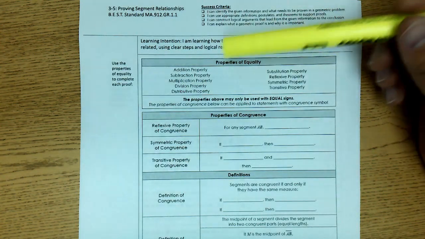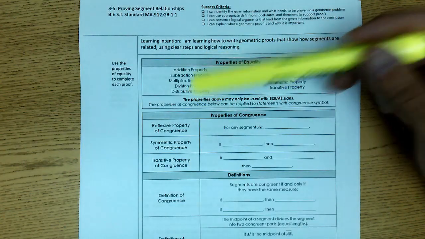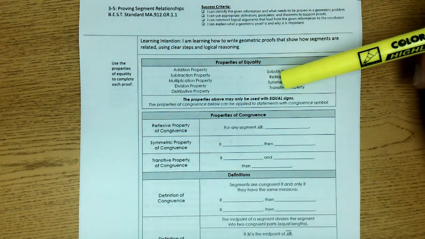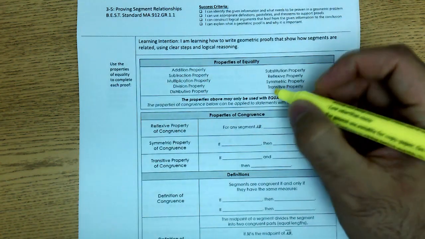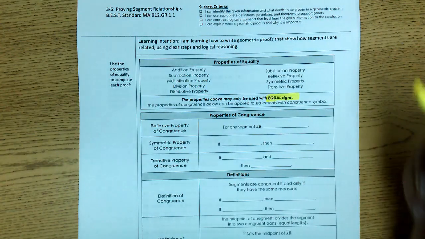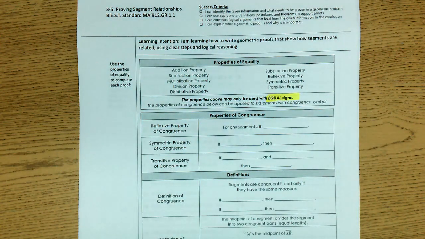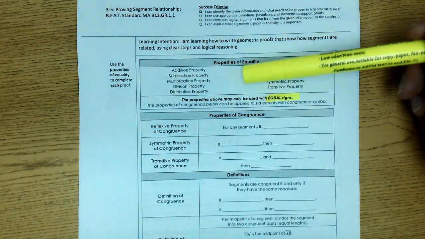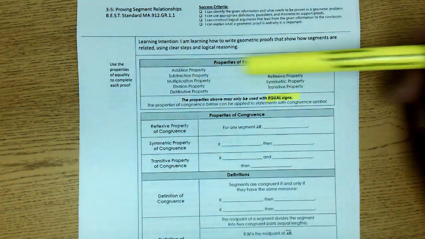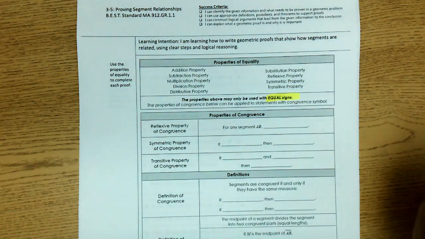Properties of equality: the addition, subtraction, multiplication, division, distributive, substitution, reflexive, symmetric, and transitive properties must have an equal sign. So when you're doing a proof and you have an equal sign, you're probably going to use one of these. How many are there? 9 right here? One of these 9 properties.